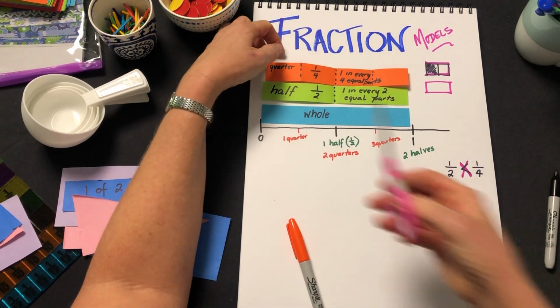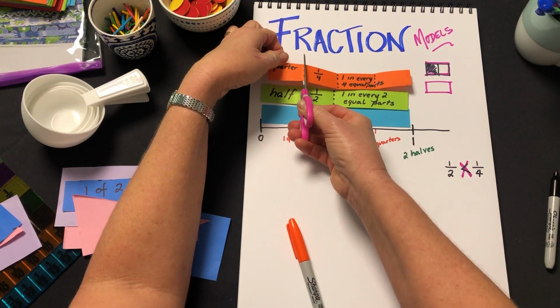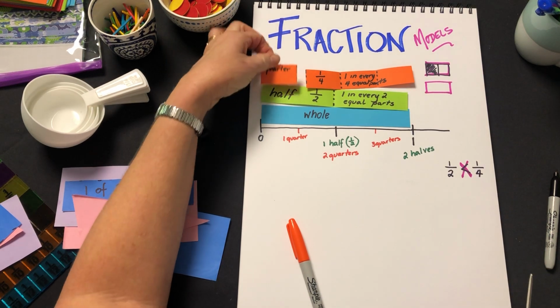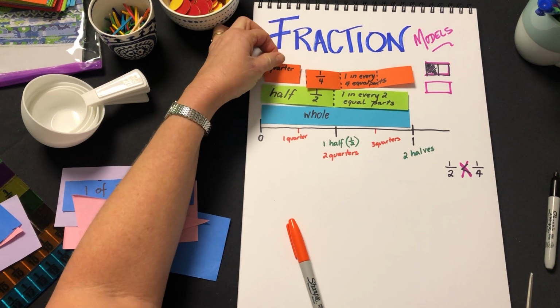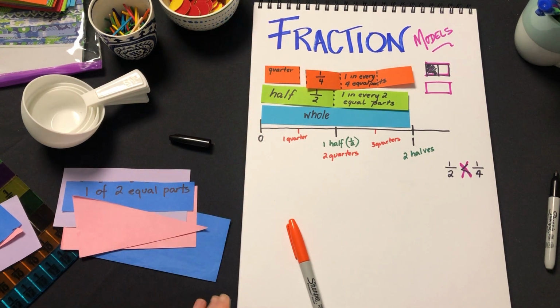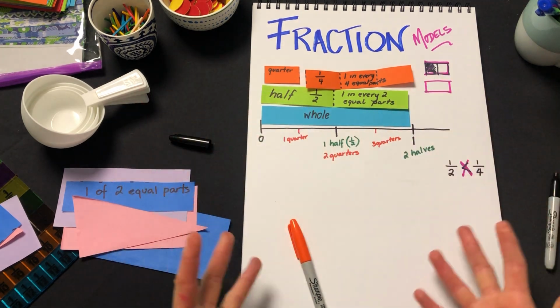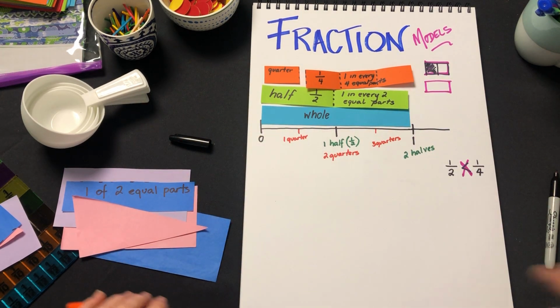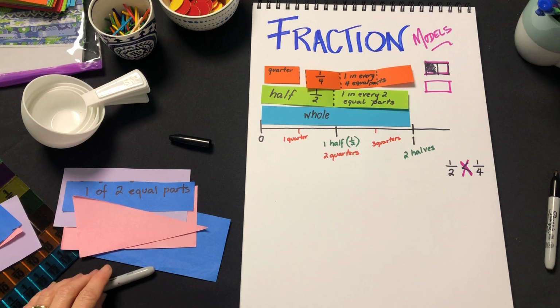If they've cut their quarter, they can see that a quarter is physically smaller than the half. So that's the number line model, and connecting it to the area model of fractions.